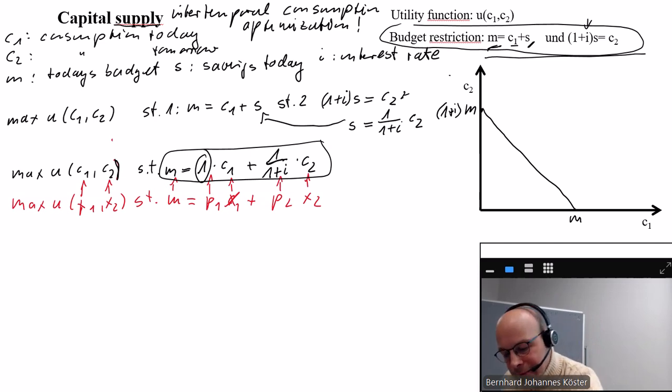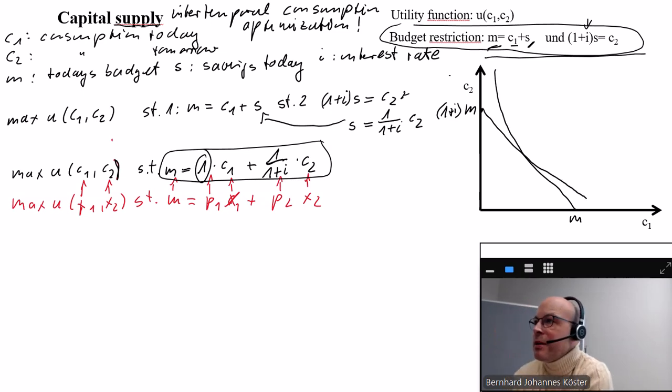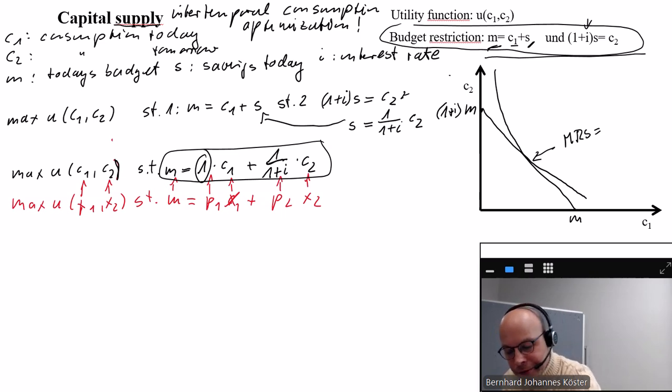And then again, the indifference curve with a slope equal to the slope of our budget line: marginal rate of substitution equals P1 over P2.